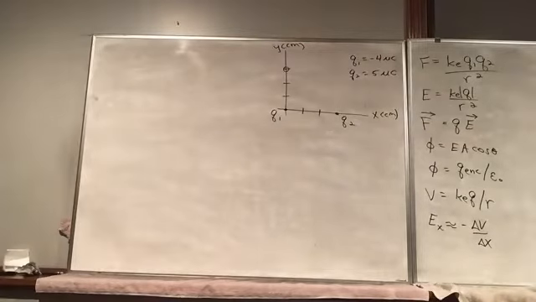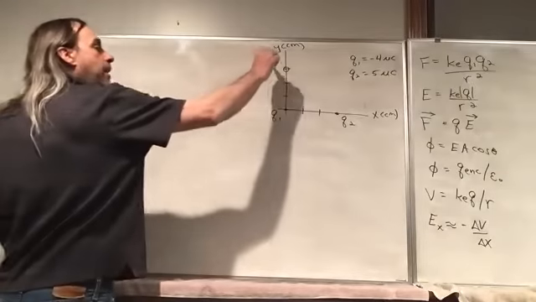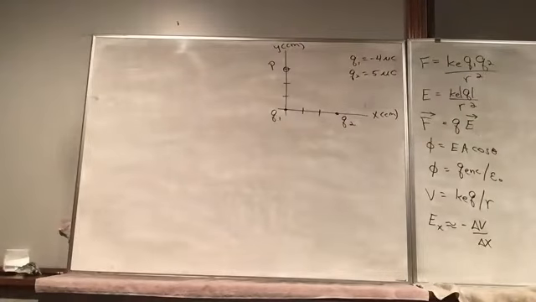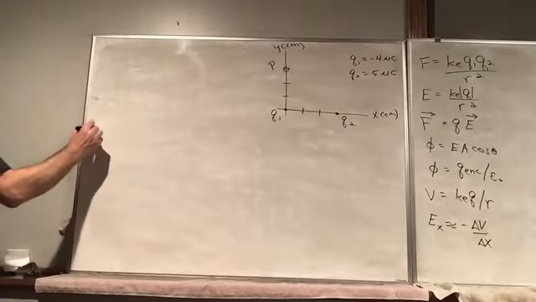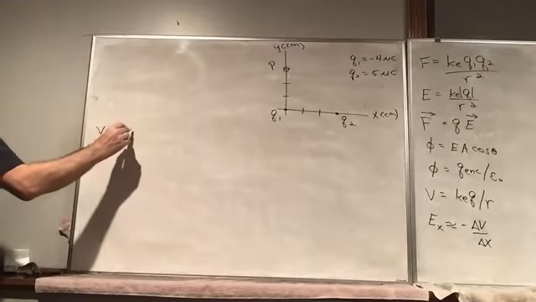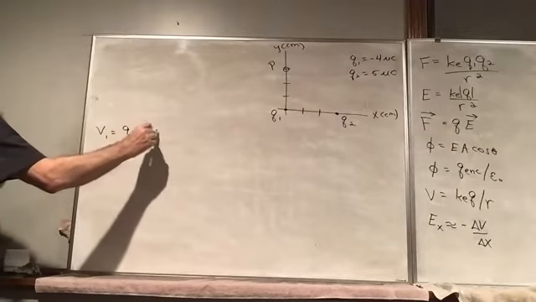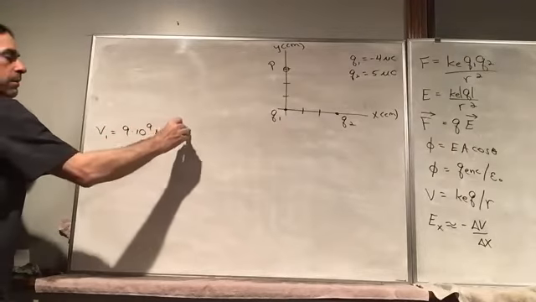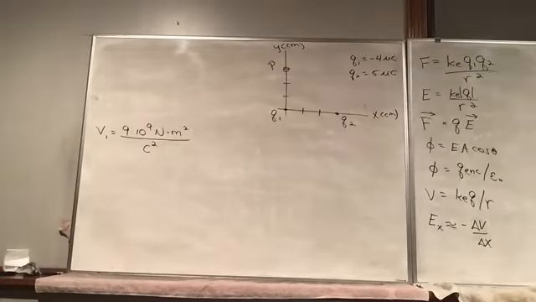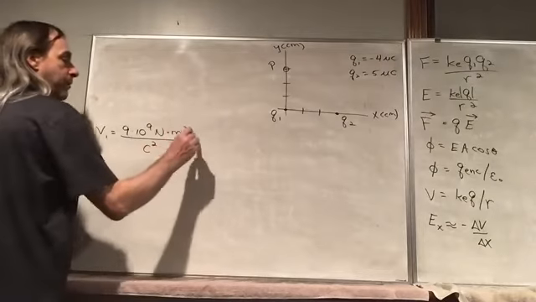But let's find the potential at point P due to these two charges. So we find V1. That's 9 times 10 to the 9th newton meter squared per coulomb squared times Q1.